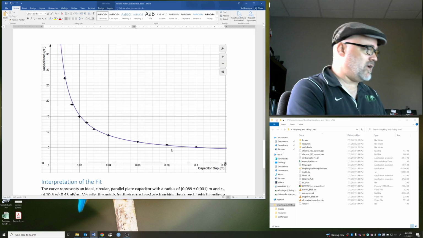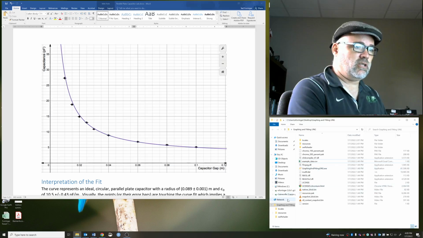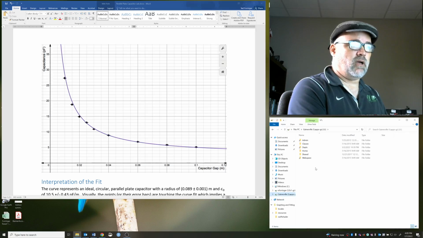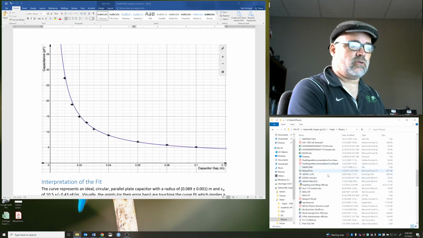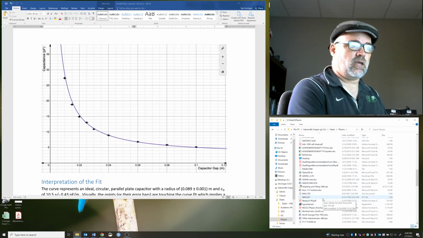So I created a graphing program, and I've placed it on the network drive. If you go to the departments and physics and scroll down, you will find a file called graphing and fitting ung.zip. And if you unzip that file, I've already done that.